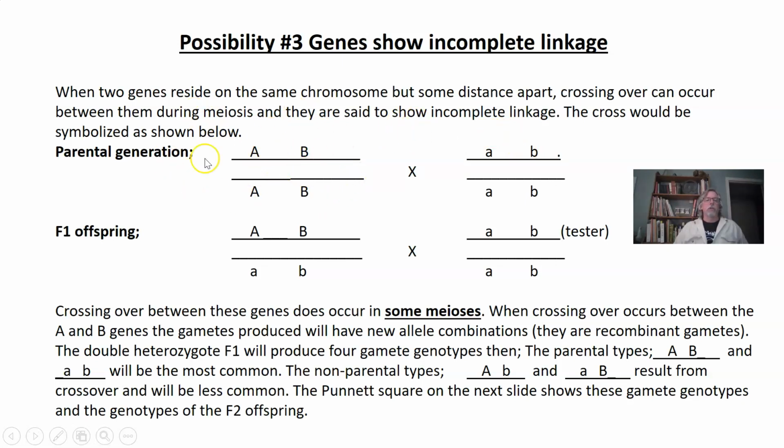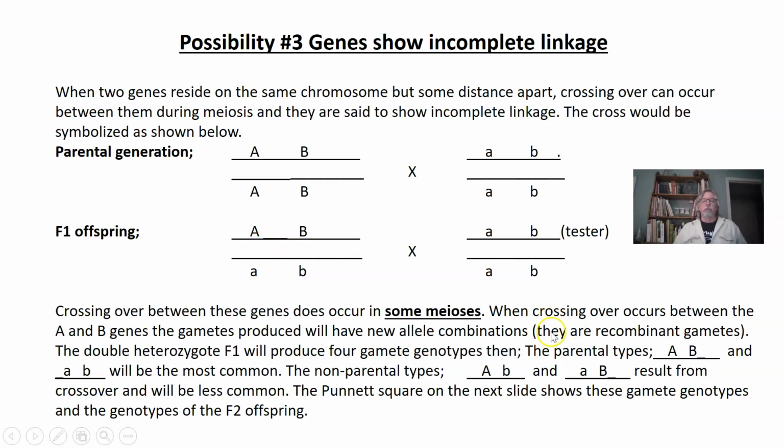So if you cross a pure breeding individual containing both dominant traits to a pure breeding individual with both recessive traits, you'll get an F1, doubly heterozygous, and this F1 in some meioses will have crossover between the A and the B gene.